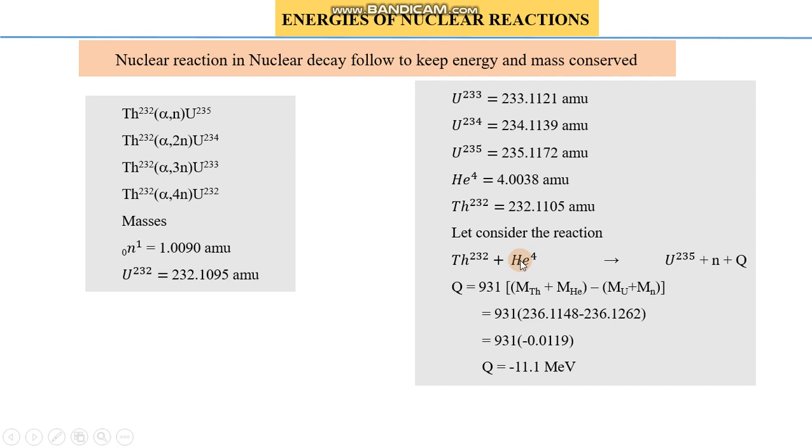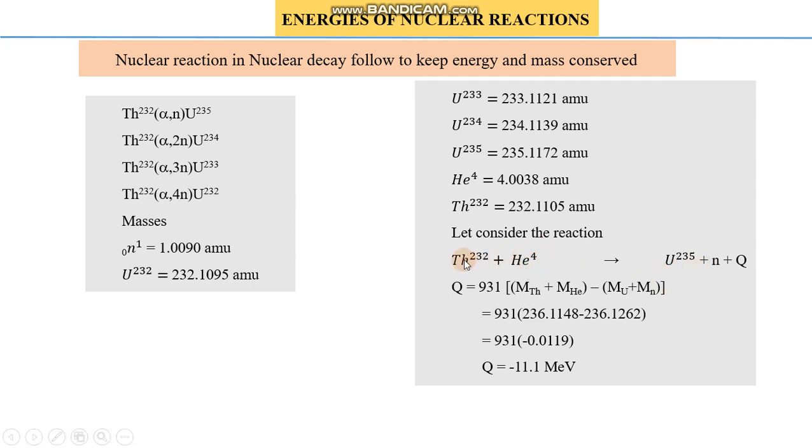Let's consider this reaction and represent the alpha particle by its exact mass, the actual particle we normally use in nuclear reactions to bombard target nuclei. Thorium is bombarded by helium, and helium is regarded as an alpha particle. If we ignore the electrons in the helium atom, the remaining portion is only the nucleus, containing two protons and two neutrons.